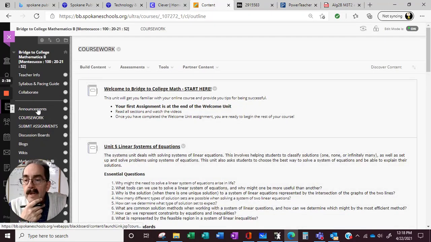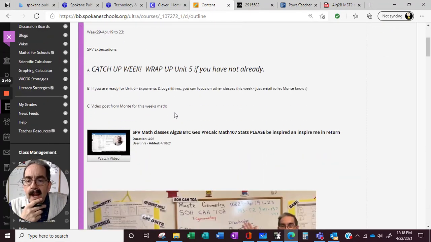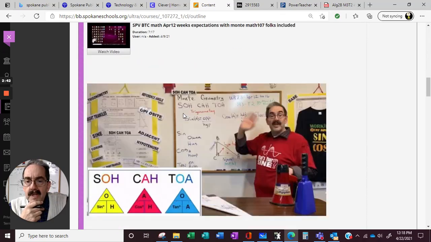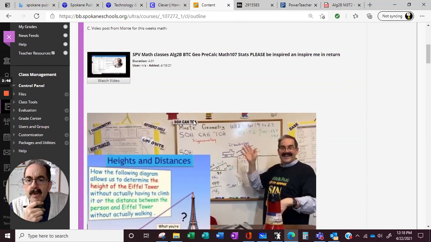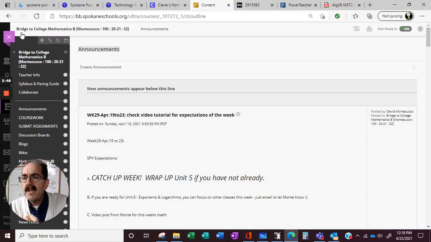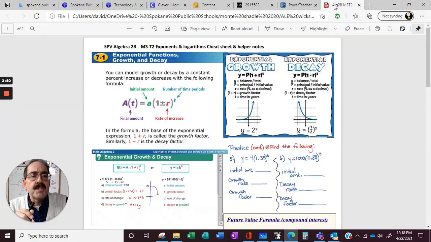So we'll go to announcements here, and I can repost this, but we need a cheat sheet for exponents. I'll put that in this week's announcements, and that cheat sheet's going to look like this: growth and decay. These are the basic formulas to do these problems.